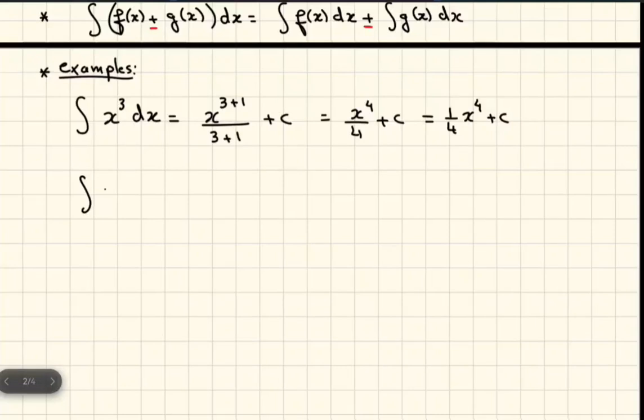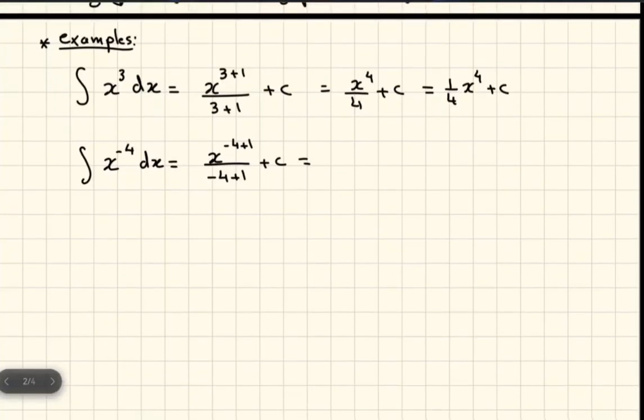Another example, if you have x exponent negative 4, negative exponent, so you do the same thing, minus 4 plus 1 over minus 4 plus 1. If you know what is that directly, you can write it. So it becomes x exponent minus 3 over negative 3 plus c. Now we simplify this. The minus that is down, I don't care about it, I will write it before the fraction.